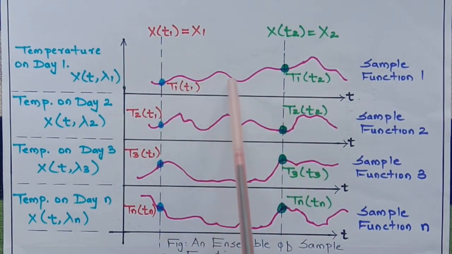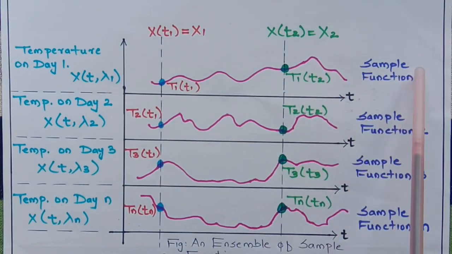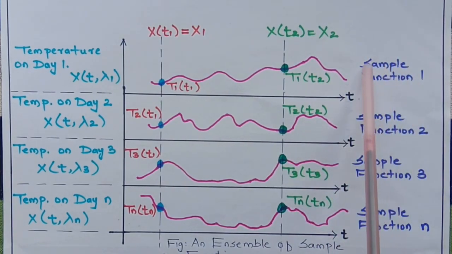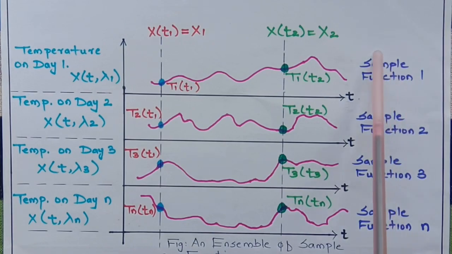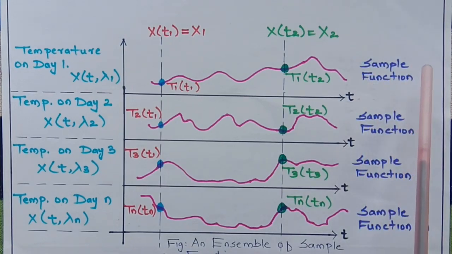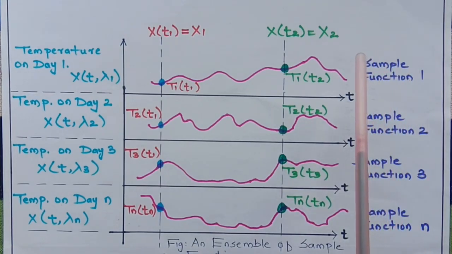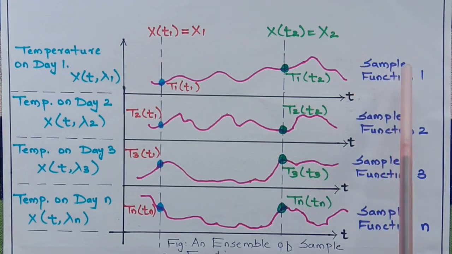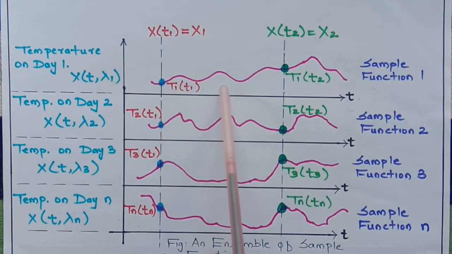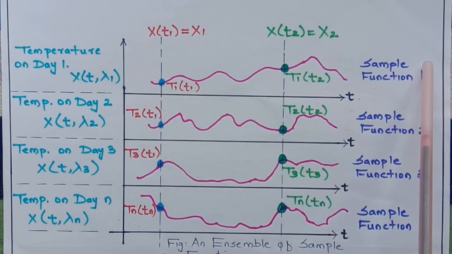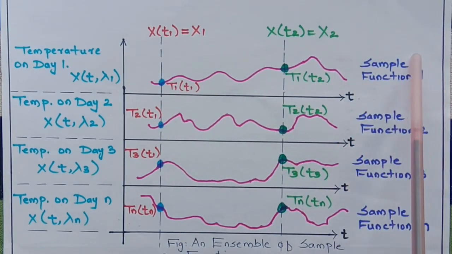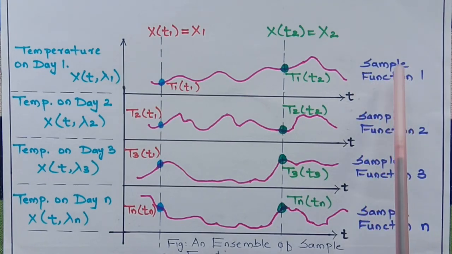So this waveform is called what? Sample function, and this is your sample function 1. Because earlier I told you that a sample function is a waveform showing the variation with respect to time. Since it is of day 1, it is called sample function 1.